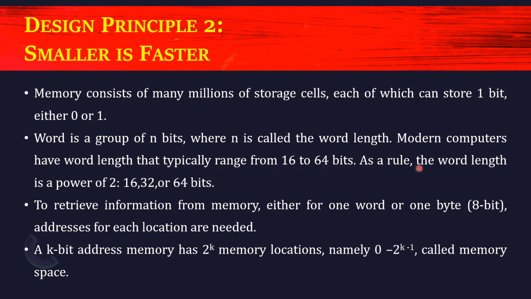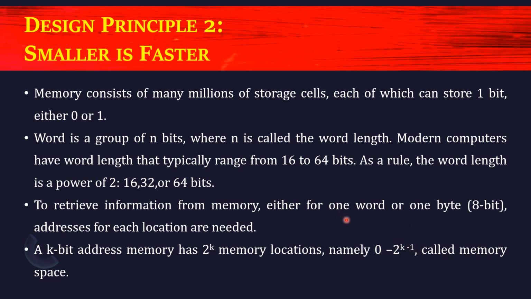As a rule, the word length is a power of 2: 16, 32 or 64 bits. To retrieve information from memory, either for one word or one byte, the address for each location is required. So a k-bit address memory has 2^k memory locations, namely 0 to 2^k - 1, and they are called the memory space.